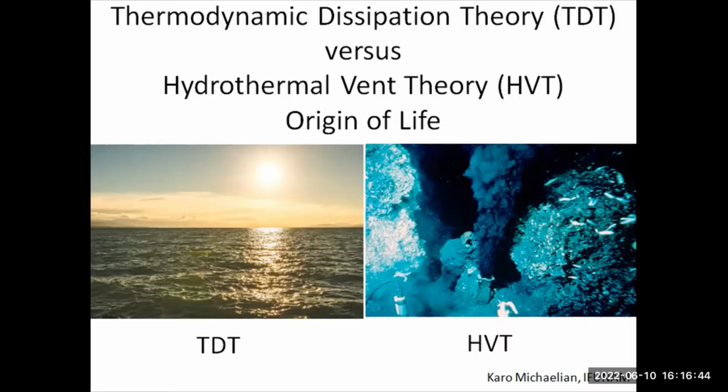We considered that the ocean water at the time of the origin of life had a pH of about 6.5, because there was a lot more carbon dioxide in the atmosphere, dissolved into the surface water. When you get close to these hydrothermal vents, the pH increases, that is, they become more alkaline. So we have a gradient of pH and a gradient of temperature, and also very high pressures.